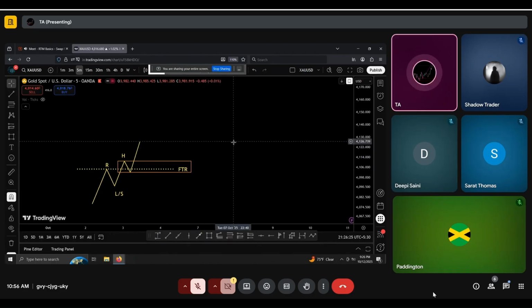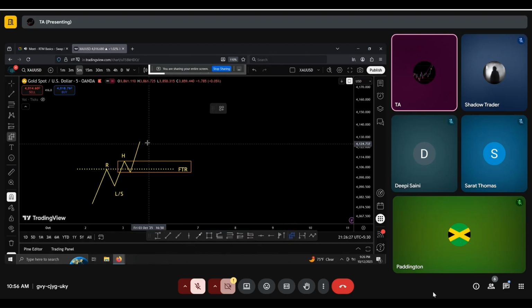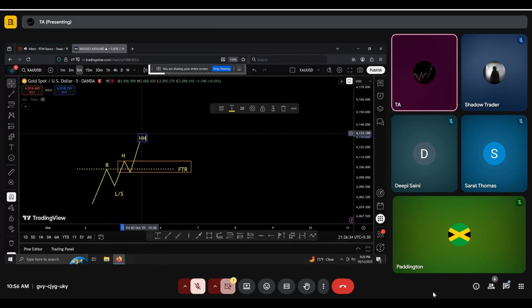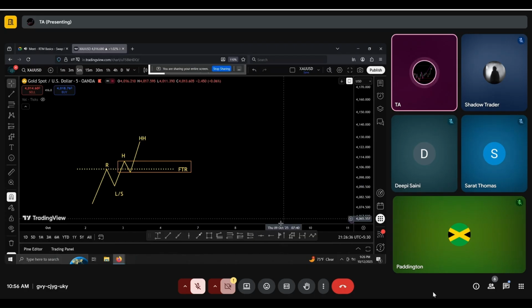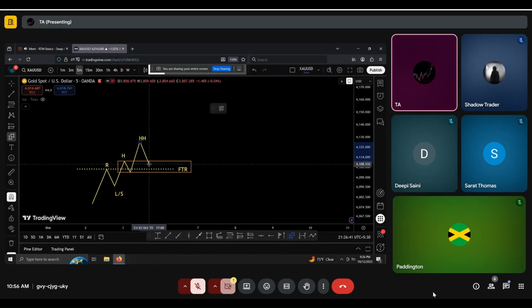Then in future, here the price created a higher high, right? In future, if price comes back again to the FTR zone, this orange box is a zone, not just a line. If price comes back till here, here or here, but it should not go below this orange box.